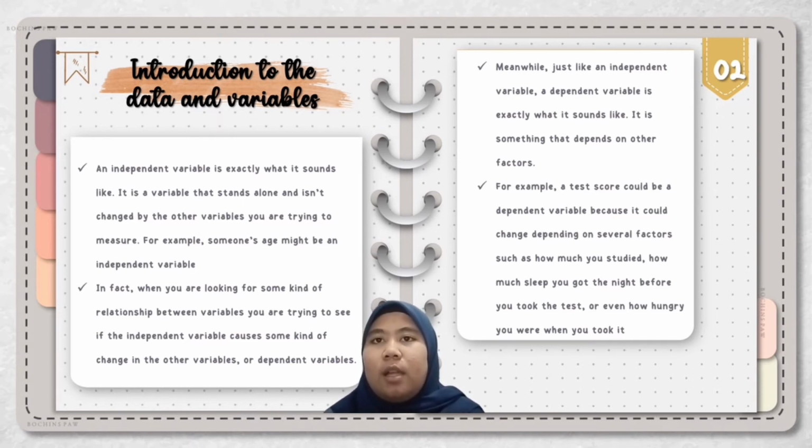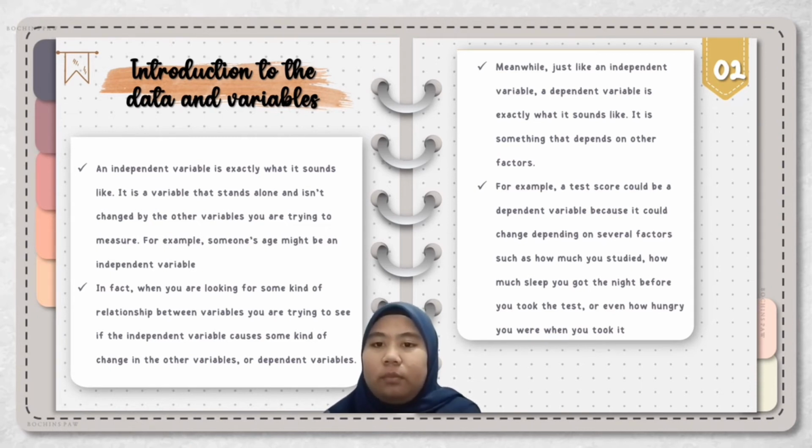Other factors such as what they eat, how much they go to school, how much television they watch are not going to change a person's age. In fact, when you're looking for some kind of relationship between variables, you are trying to see if the independent variable causes some kind of change in the dependent variables.